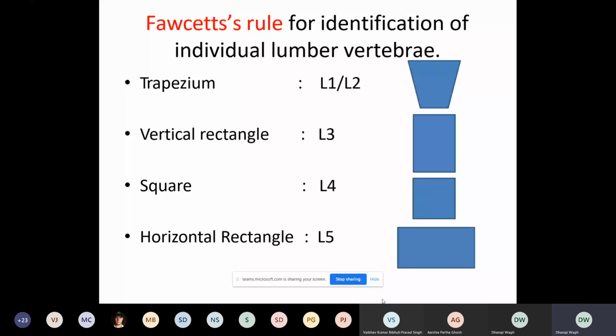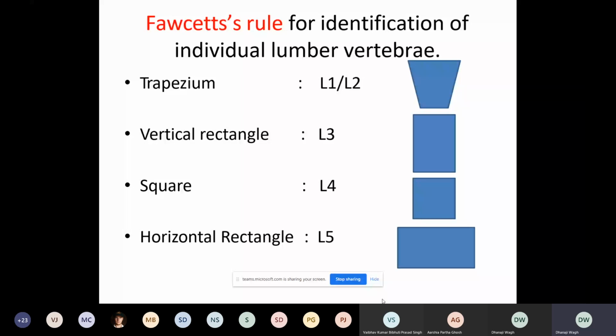L1 and L2 are trapezium in shape, then L3 is a vertical rectangle, L4 is a square, and L5 is a horizontal rectangle. So this is Fawcett's rule for identification of the lumbar vertebrae. In the Viva, they may ask how to identify the lumbar vertebrae.